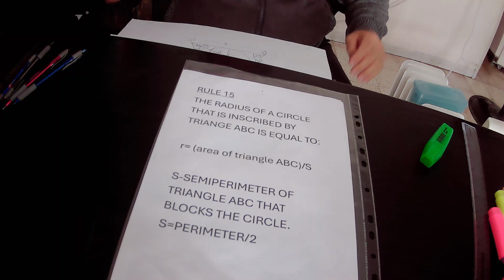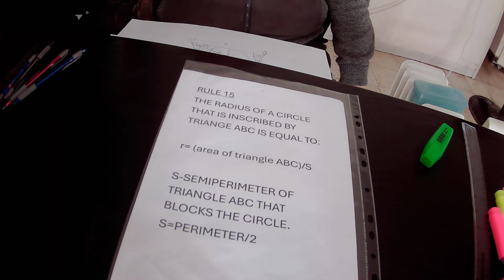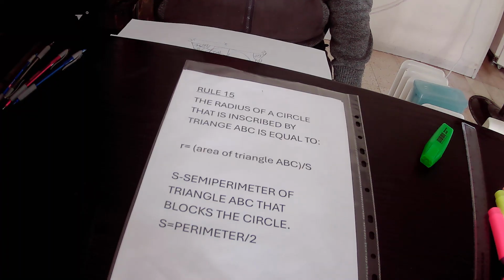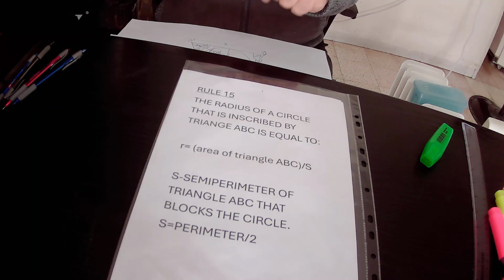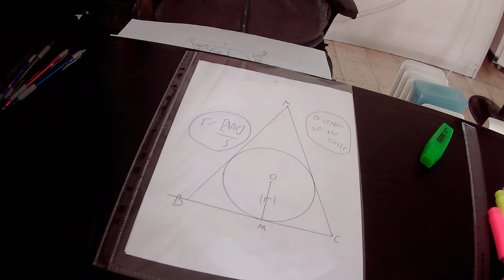According to rule number 15, the radius of a circle that is inscribed in triangle ABC equals the radius R equals the area of triangle ABC over S, that is the semi-perimeter of the same triangle, triangle ABC. The semi-perimeter of any triangle is equal to the perimeter over 2. So the domain of this rule, rule number 15, is here.